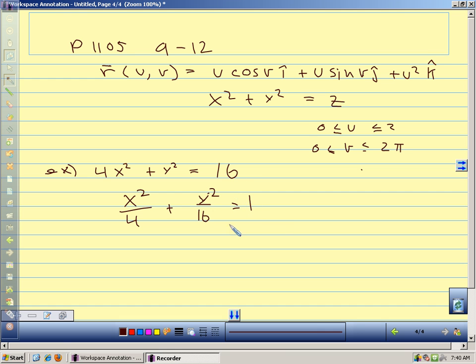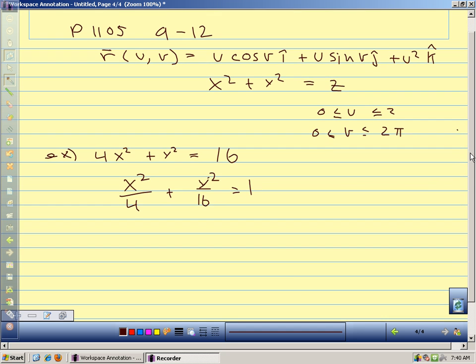And what do we want to do? How do we want to represent this parametrically? Sines and cosines. So let's let x equal 2 cosine u, y equals 4 sine u. That's just our parameter. We could pick t, we could pick v.